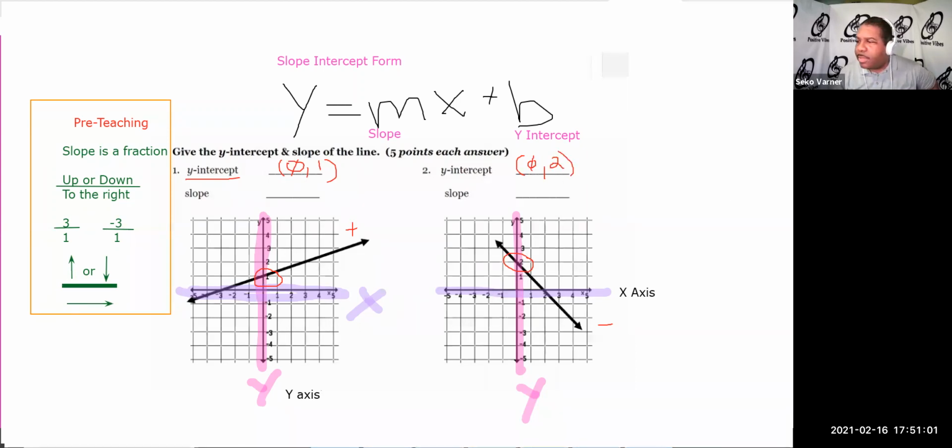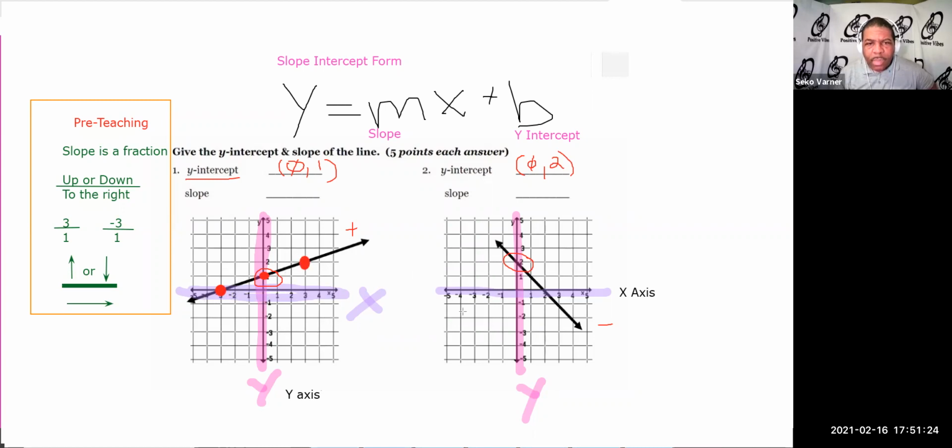Well, let's look at the slope. Let's find out what the slope is. Right at the y-intercept, we have a point, right? And let's see if we can find another point where it's perfectly hitting these lines, the lines going up and down, and the lines going left and right. That's it right there. Here's another one right there.